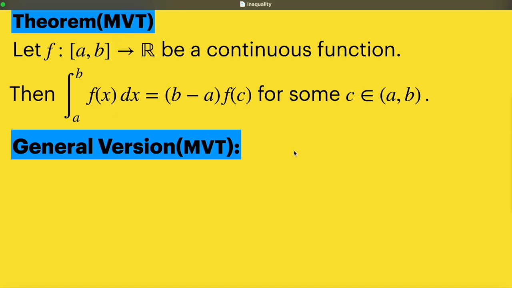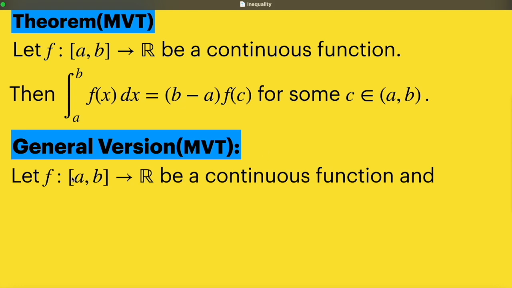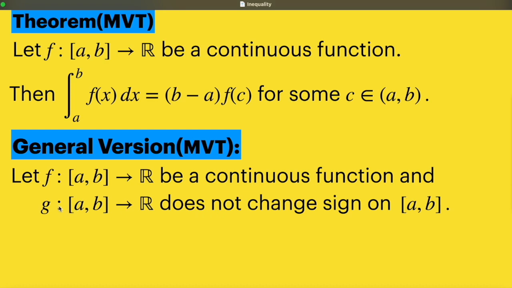The general version we are talking about is this. Let f from [a,b] to R be a continuous function, and suppose g from [a,b] to R does not change sign on this interval. So either g is positive or g is negative.